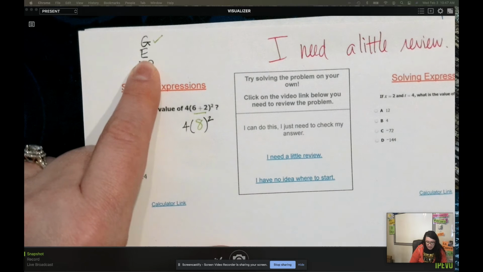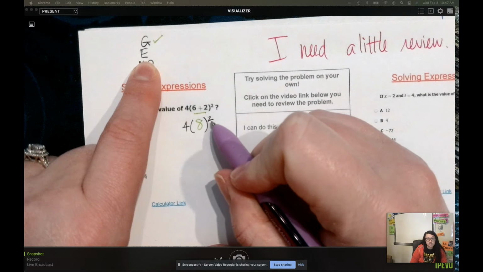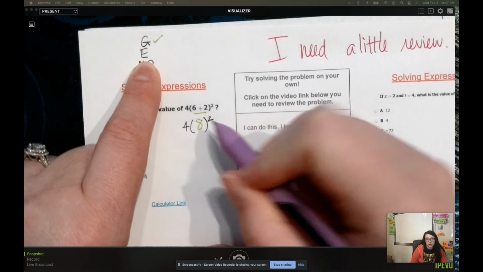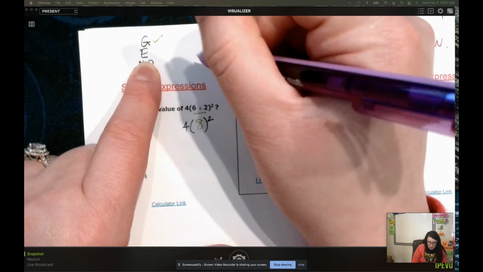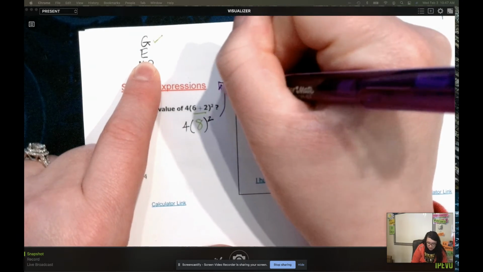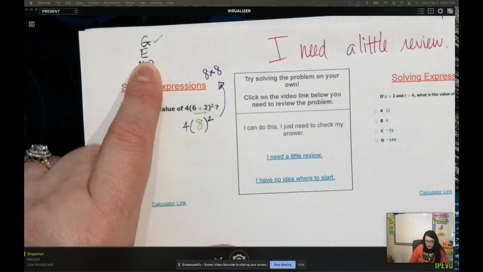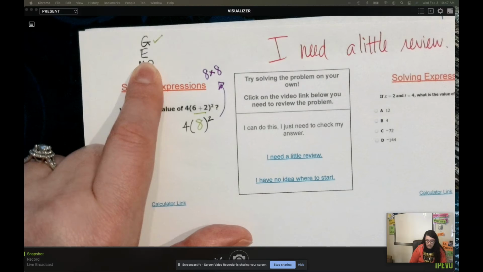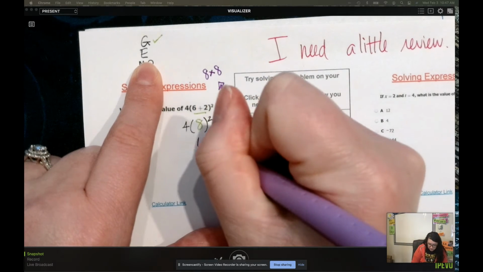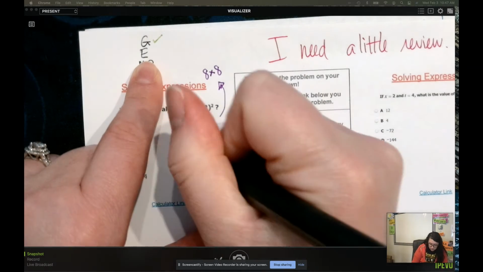Then I move on to my exponents. Here we have that squared, that second power as an exponent. Remember, that means that I have to do 8 times 8 for 8 squared. Not 8 times 2, 8 times 8, which would give me 64.